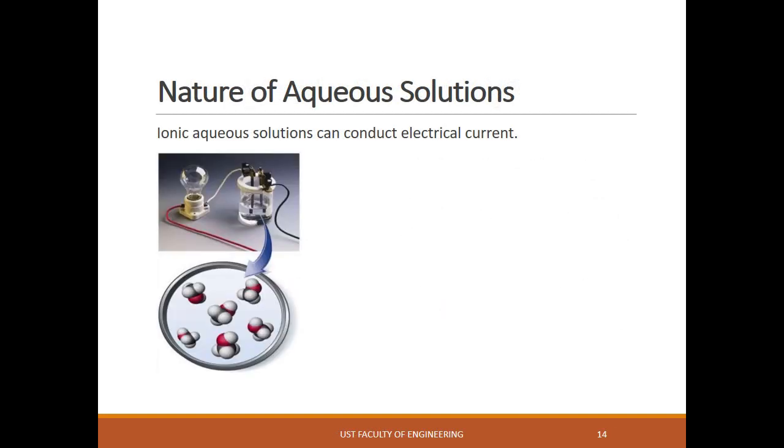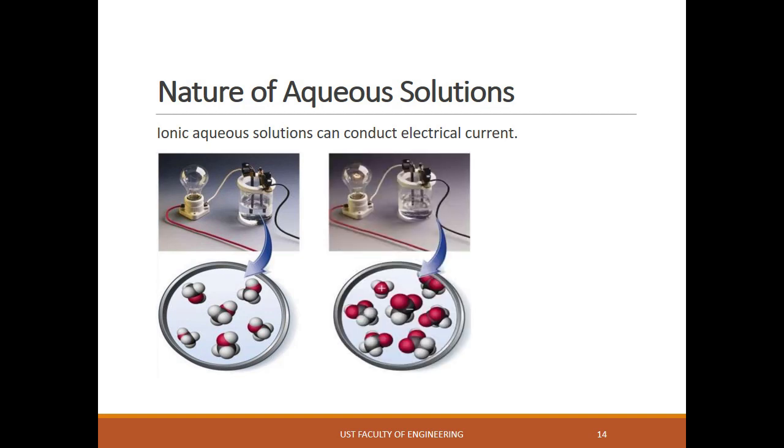If we have a water solution with no ions in it, and you put a current through the water solution, the bulb will remain unlit because the electrons and the charges will not go through the water. And if we put some salt in it, we actually create pluses and minuses in the water, which are charge carriers, and now the lamp will be vaguely dim but will be turned on.